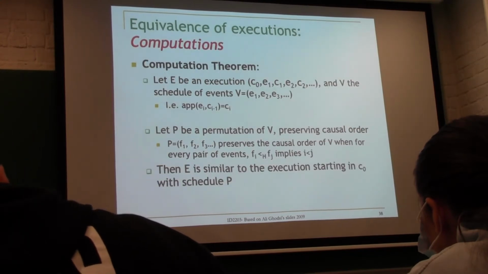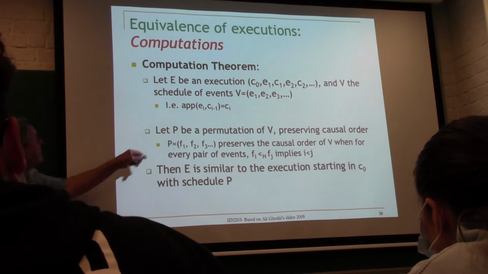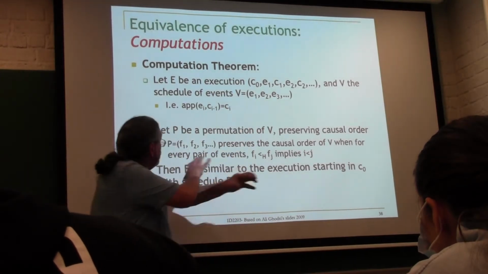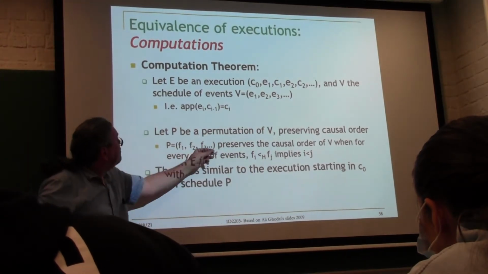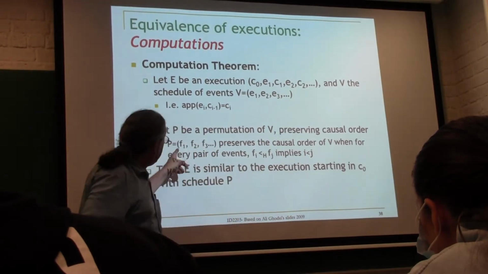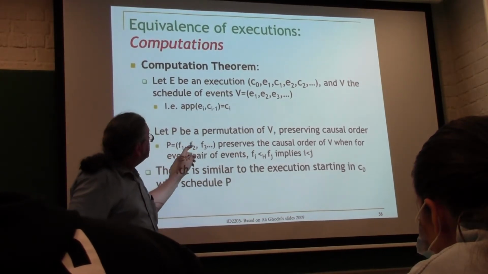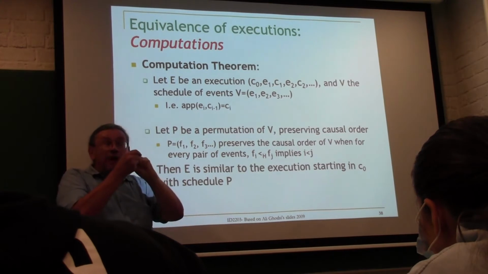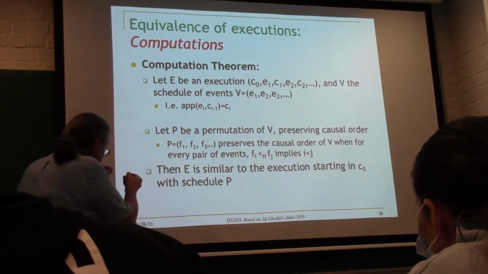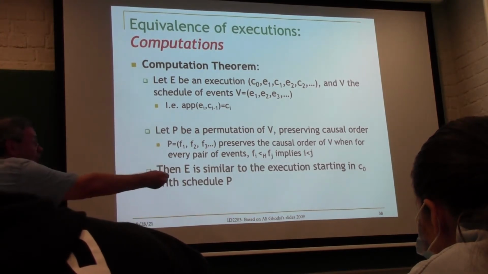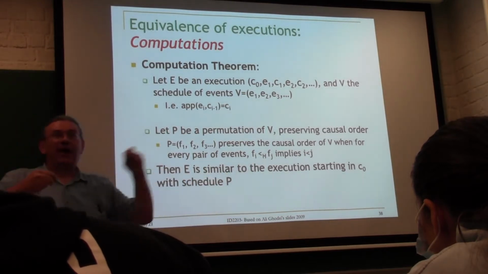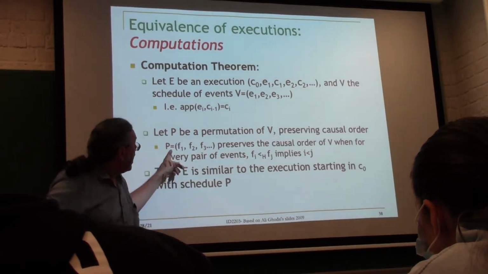That's one thing. So we actually have a theorem, and the theorem is basically what I just said. If I take an execution and I move around all of the events here, but I respect causality, that means if an event is causally before another one, I'll never put it after. I will never make time go backward here.